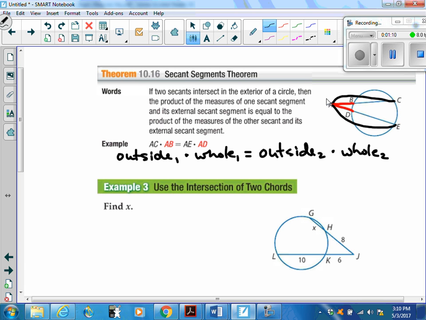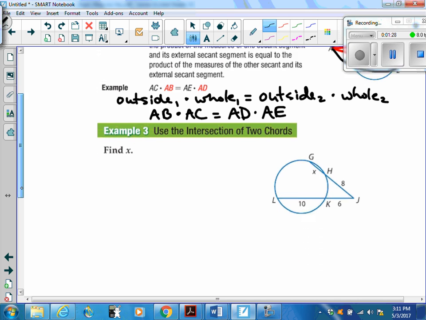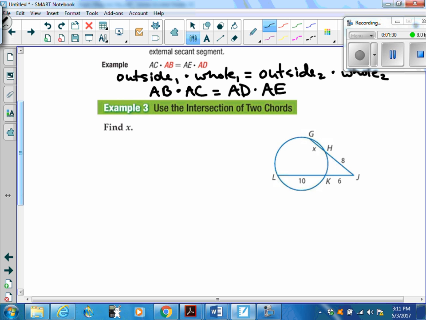For our relationship, the outside of the first segment would be AB, and the whole of the first segment would be segment AC. And then for the second part, the outside is AD, and the whole segment is AE. So we're going to use that same relationship for example 3.